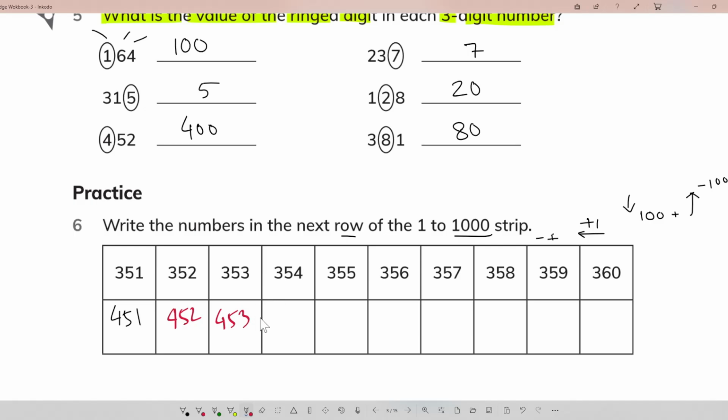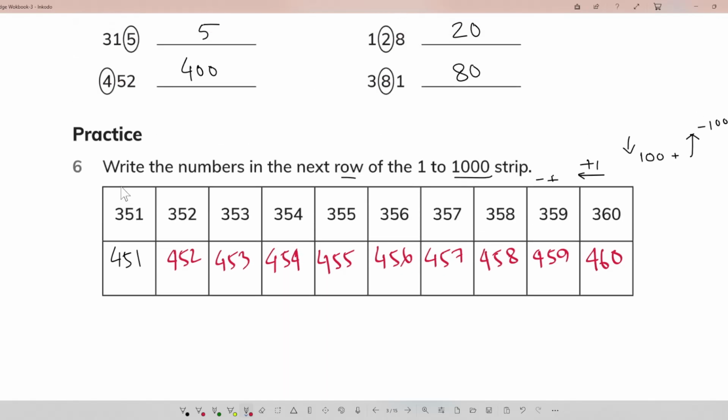It means we add 100. 454, 455, 456, 457, 458, 459, and finally 460. Okay, so number 6 done.